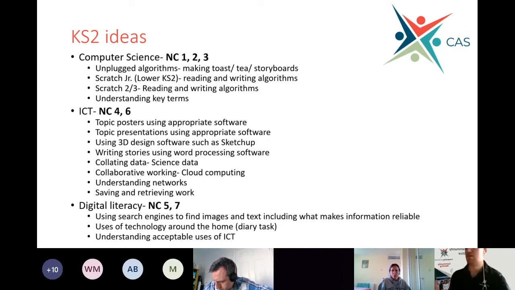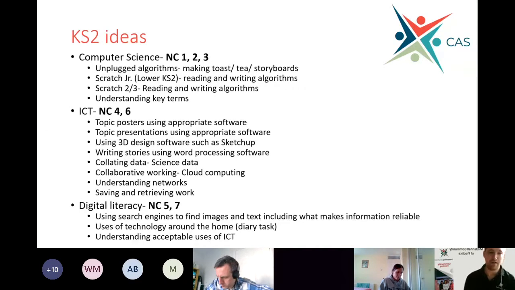Understanding how networks are working as well. So that could be getting them to act out how data might be sent from one place to another. You can link that into how the postal system works and things like that. Obviously, the saving and retrieving work is quite important there as well.